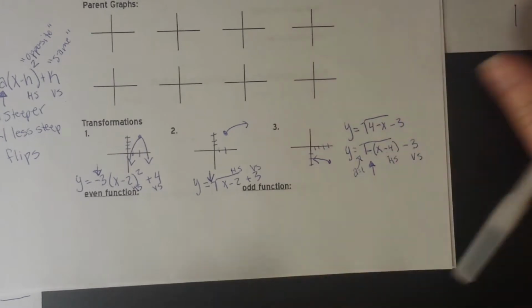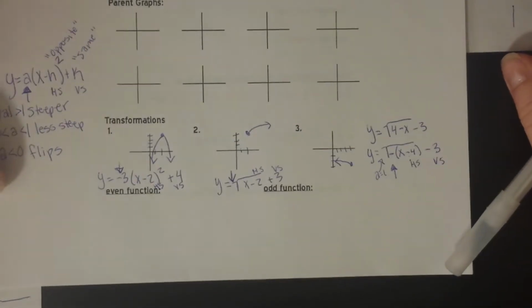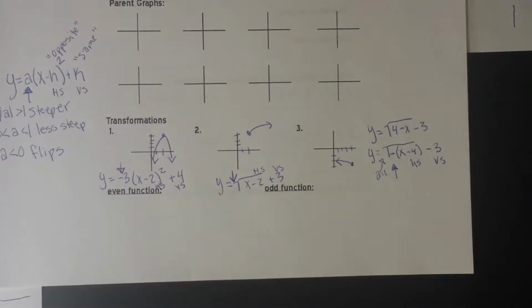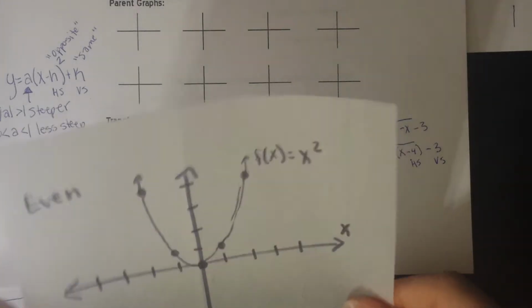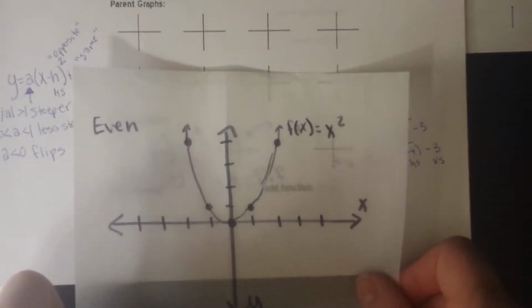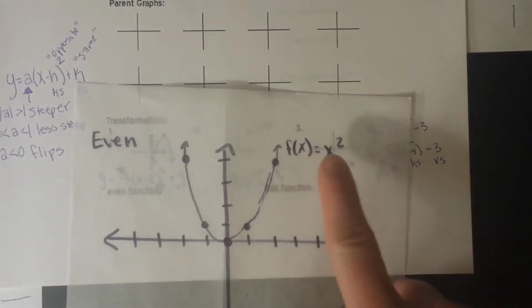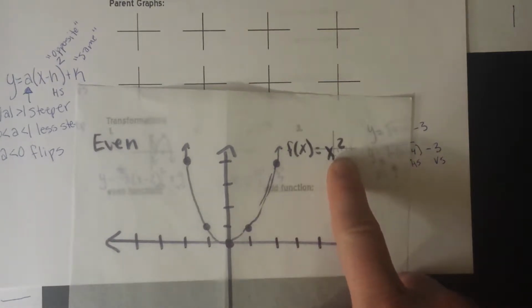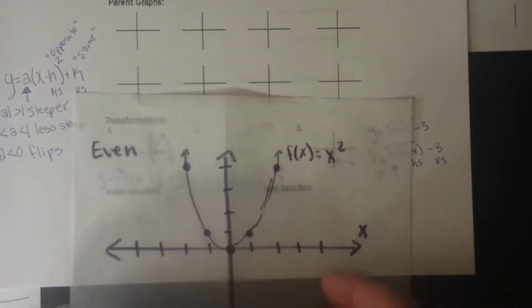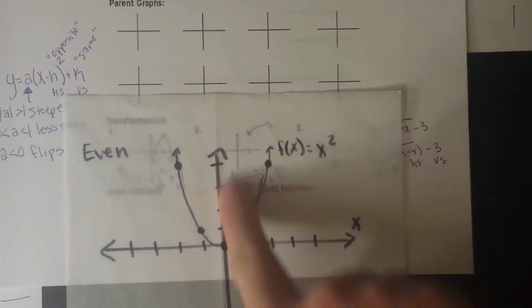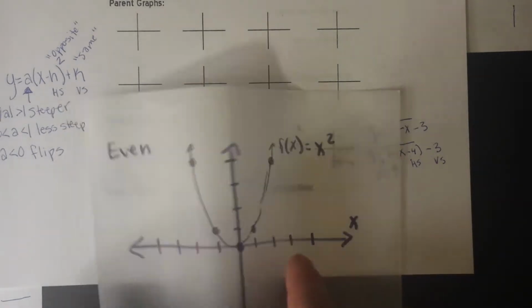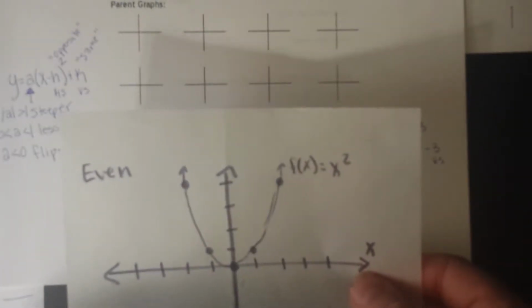Now, even and odd functions, okay, you should remember these. Here's an even function. Even functions such as the quadratic, because we have an x squared. Even functions have the ability to be folded along the y-axis. So I did this on transparent patty paper so you can see.